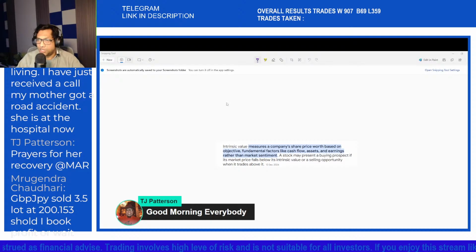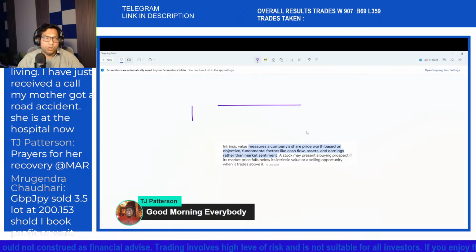You can see those events, right? There is a news event, a big data release has come out. These are catalysts to bring the price to its intrinsic value.